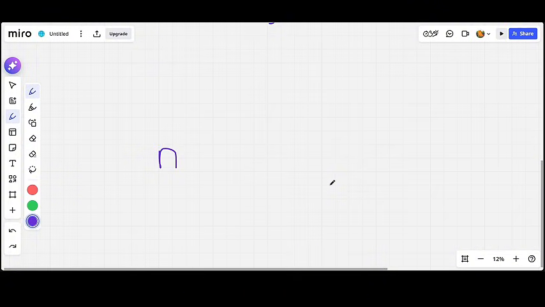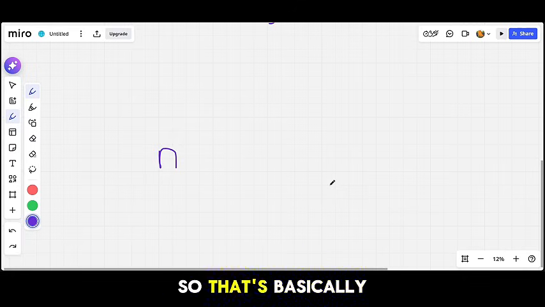It says here the principal quantum number n indicates the shell or energy level in which the electron is found. So that's basically what I said. It describes the size and the energy levels of where you would find the electron.